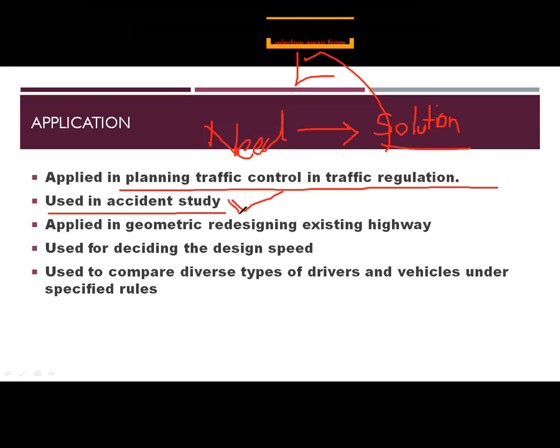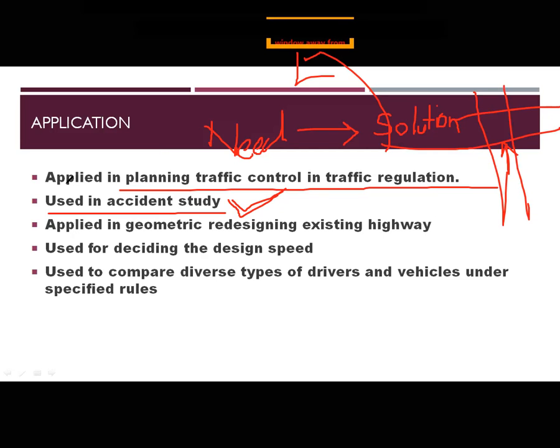The first thing is to understand the exact speed of a vehicle in that situation. If there is a market on the road and some vehicles are crossing this busy street at high speed, at that point a vehicle might meet with an accident. So what we could do is provide some speed controlling devices at that spot.